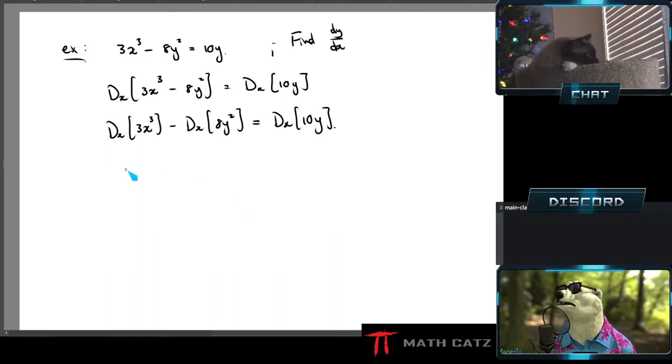Now I remember to watch out for the letters matching. The letters match, there is no catch. 9x squared. The letters aren't the same, you got to use the chain, because this inside the square bracket is a function of a function.